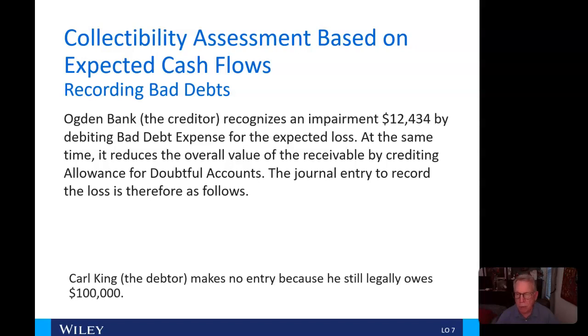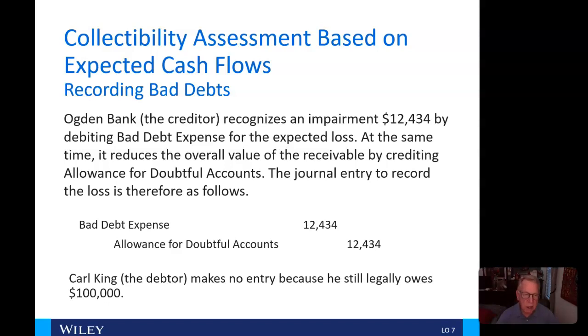The journal entry, therefore, is pretty straightforward. Debit bad debts expense, credit the allowance for doubtful accounts for 12,434. Carl King is going to make no entry because he still legally owes $100,000.